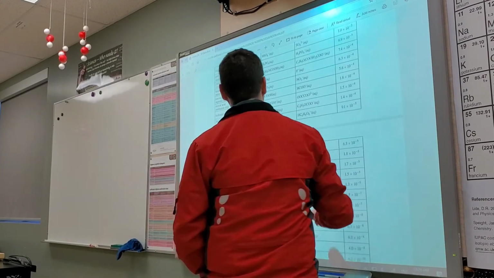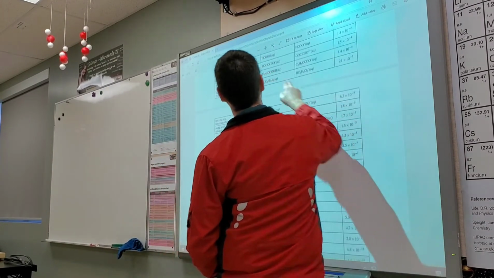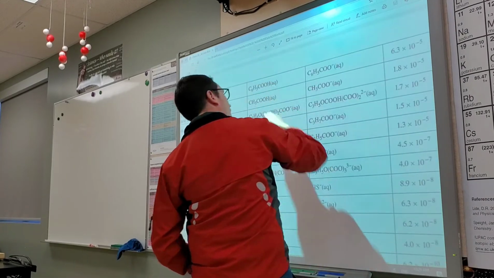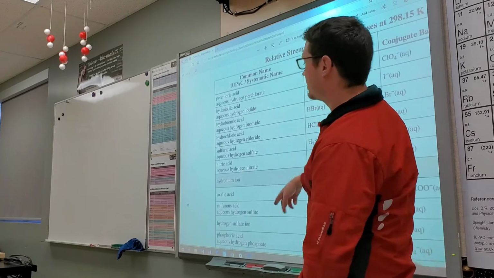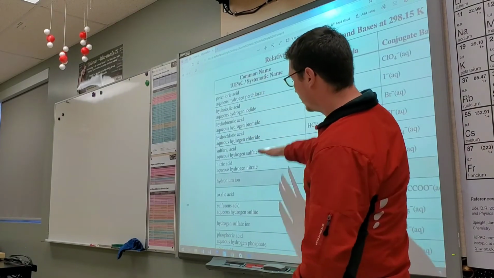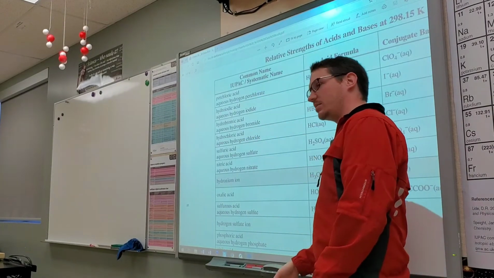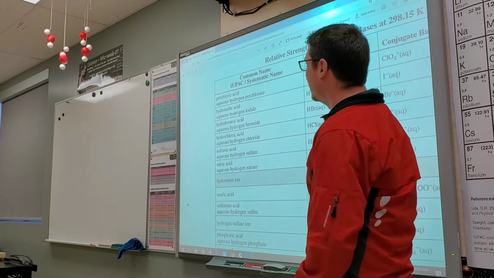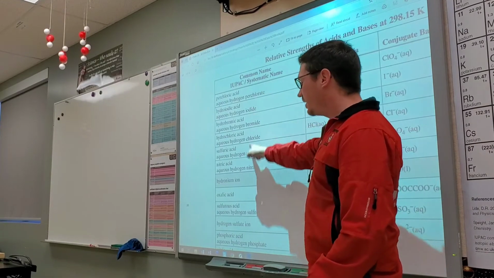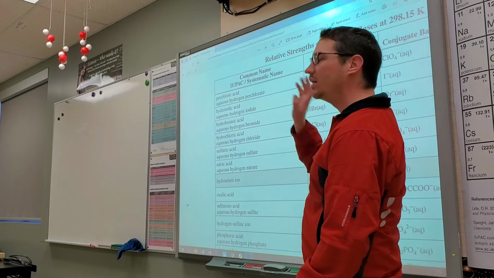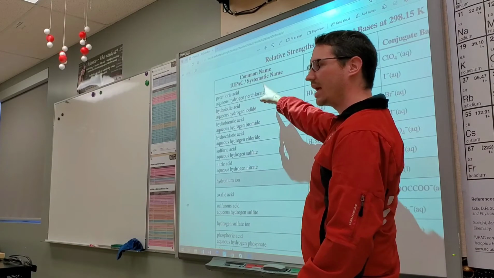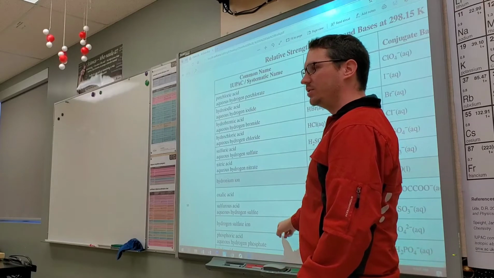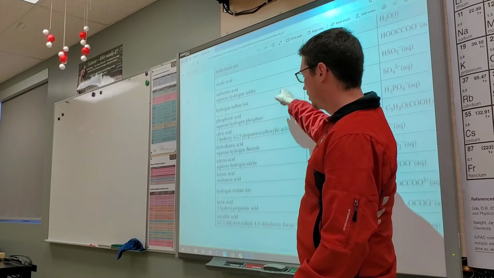When you go to the acid and base table on pages 8 and 9, on the side you see all of the names of all of the acids, and everything's pretty similar, something acid, something acid, something ion. But there's one thing in here that should stick out, because they're giving you a little bit of extra information. They actually give you a chemical reaction. Do you see the chemical reaction?